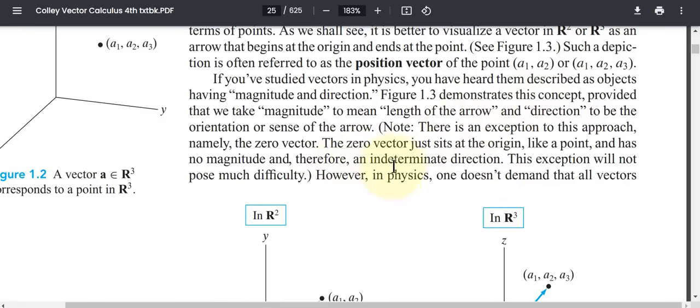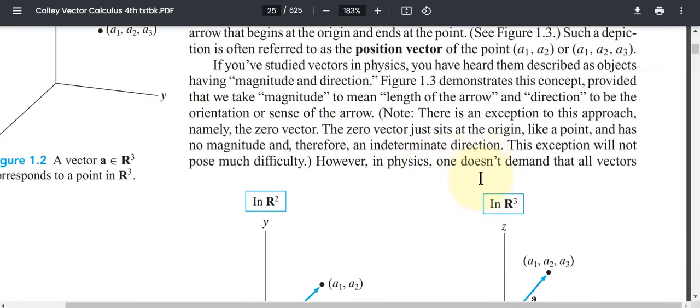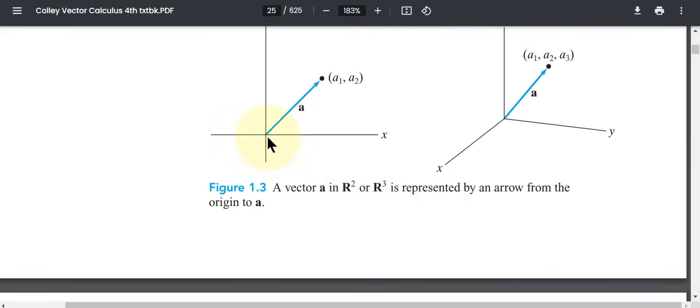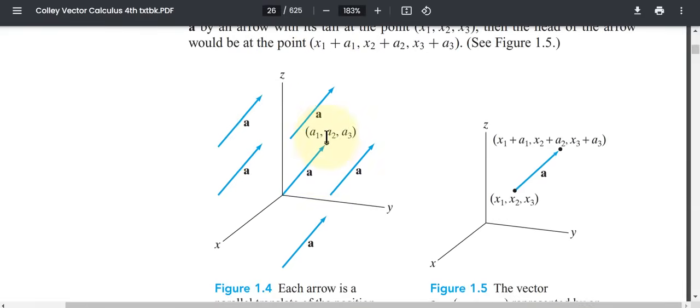Then she says down here, however, in physics, one doesn't demand that all vectors be represented by arrows having their beginning or their tails bound to the origin. So we don't have to start here in physics. If we're using vectors in physics, we don't insist that they start here. So what does that mean? Here's that vector, but we're allowed to move it around.